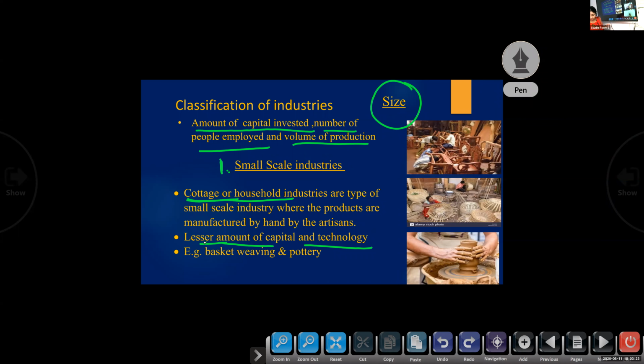Examples: furniture making is an example of small scale industry. Car repairing is an example of small scale industry. Is it clear? Yes, ma'am.